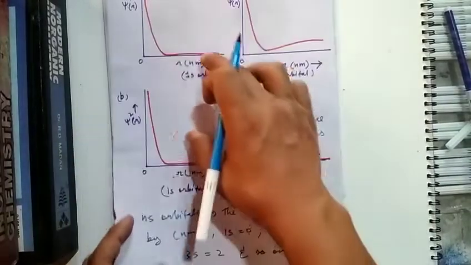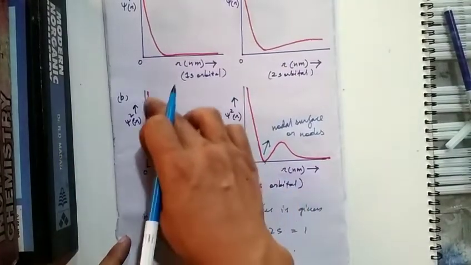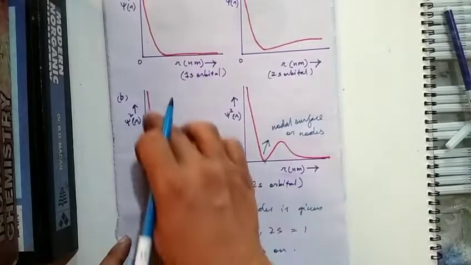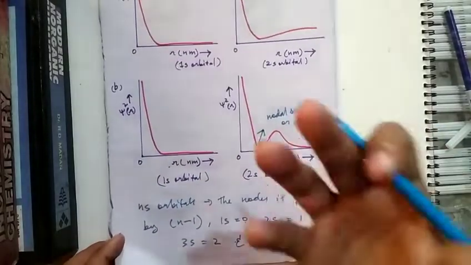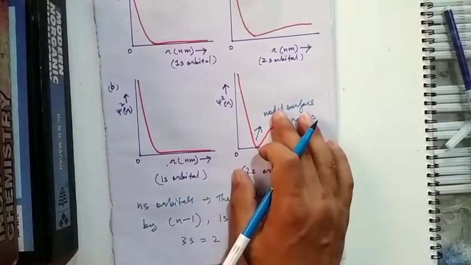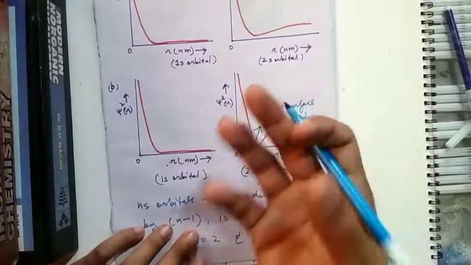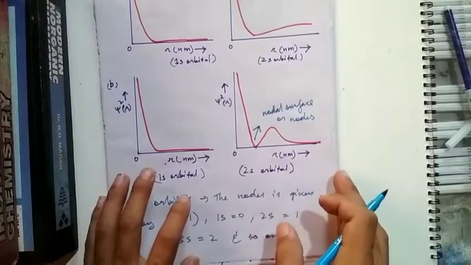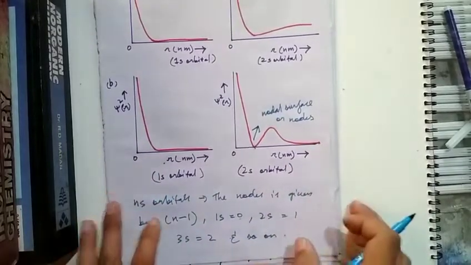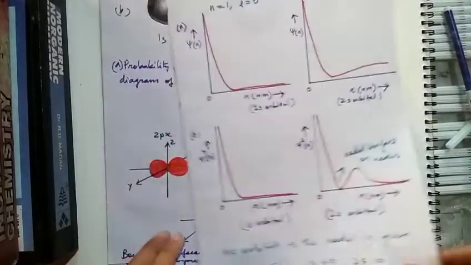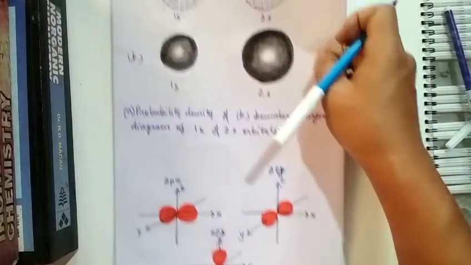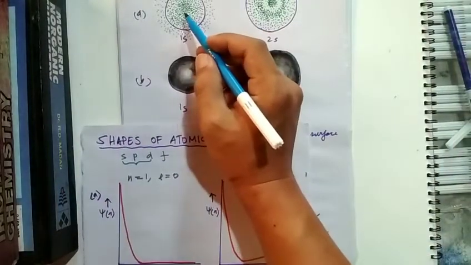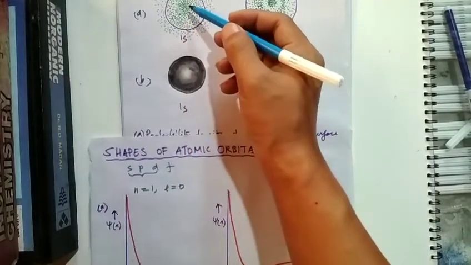Through this graph, we can come to the conclusion that we can draw charge cloud diagrams for better understanding of the shape of atomic orbitals. This is the probability density diagram.